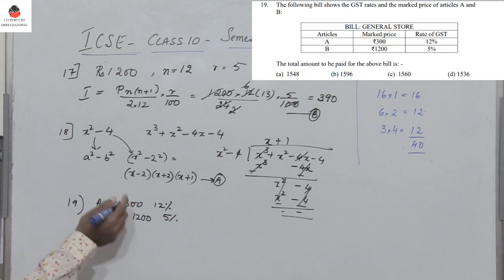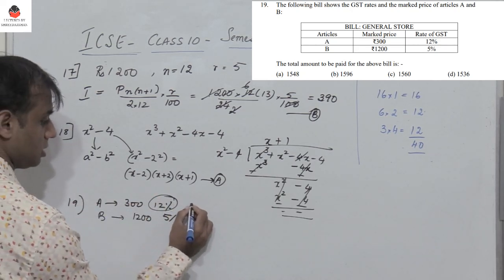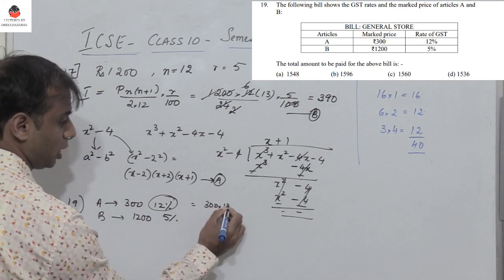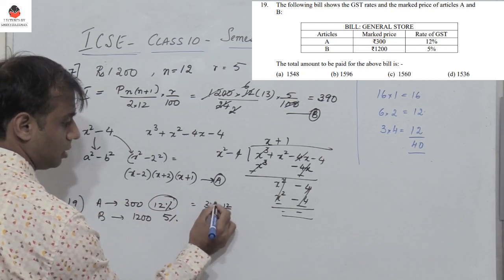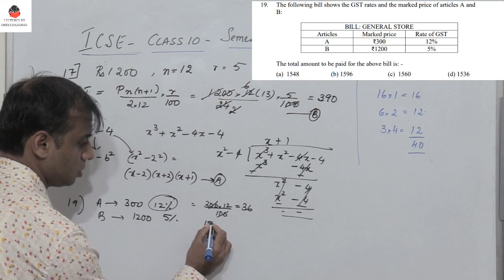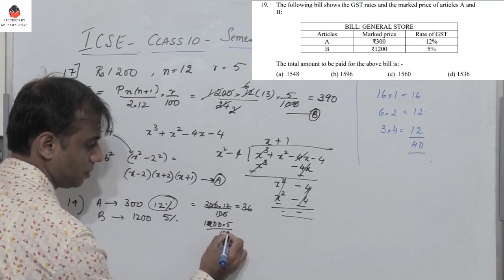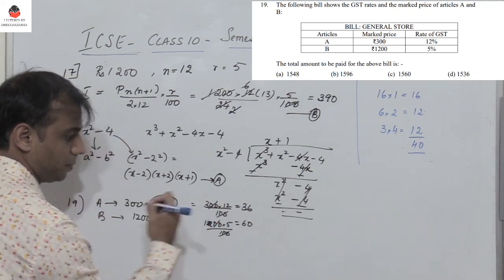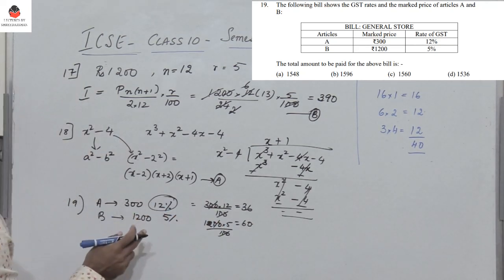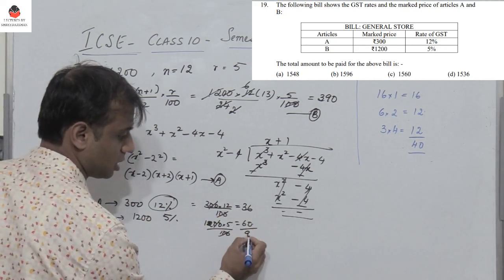First, the GST. 12% of 300 is nothing but 300 into 12 by 100, so we get this as 36. Now 5% of 1200 is 1200 into 5 by 100, so this is 60. Therefore the total GST is 36 plus 60, which is 96.